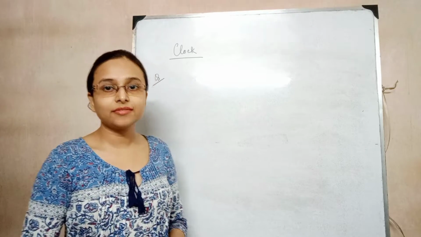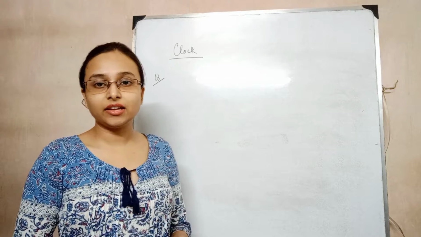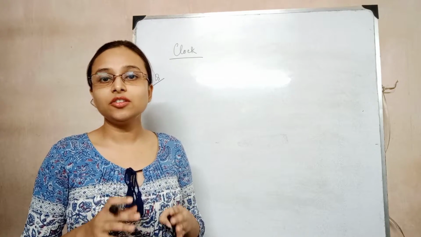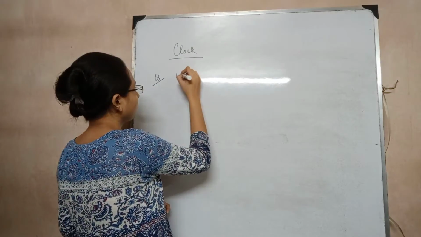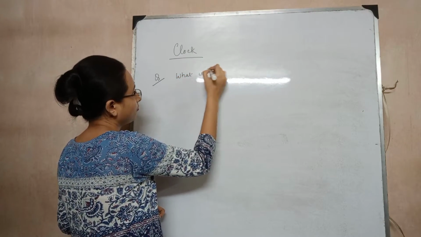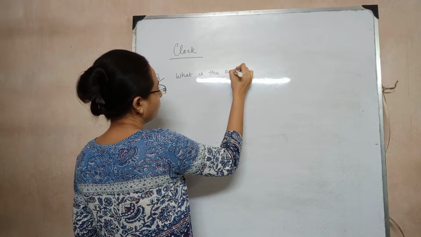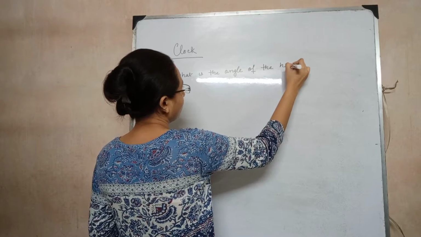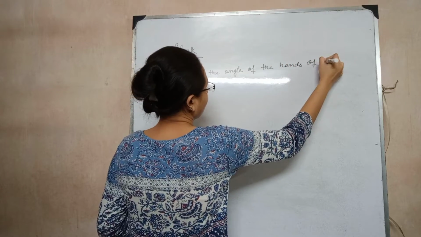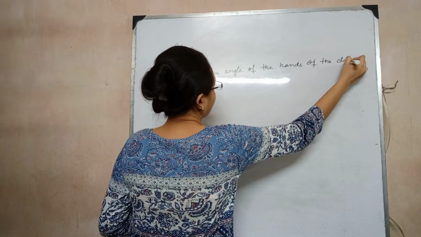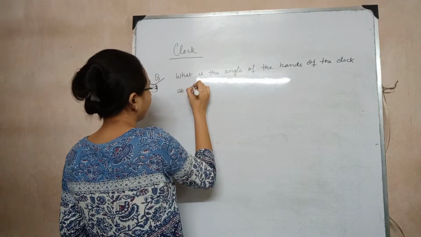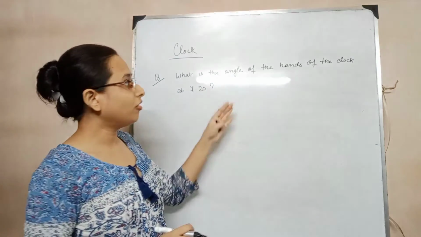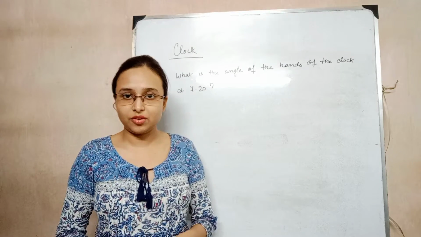The third sum is, what is the angle between the hands of the clock at 7:20? Right? What is the angle of the hands of the clock at 7:20?